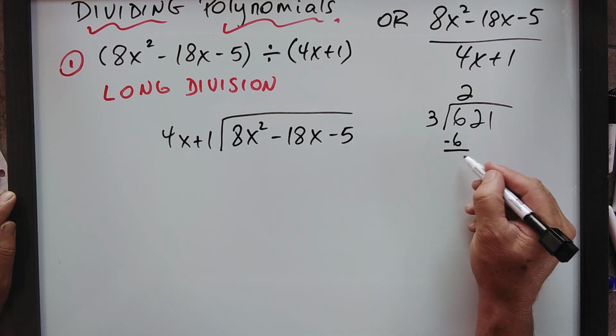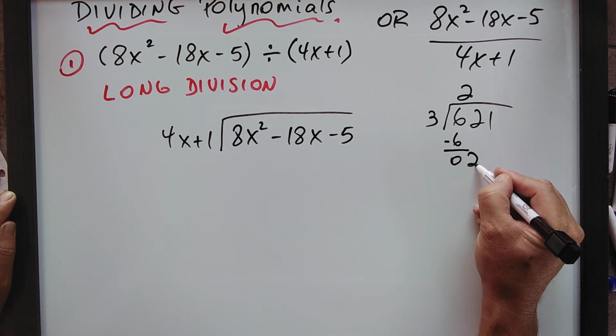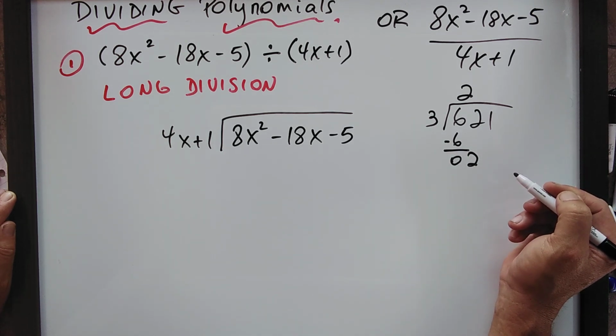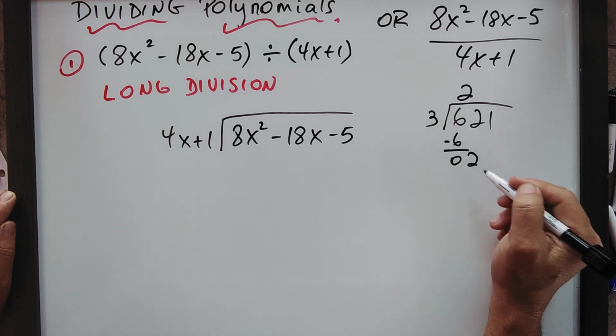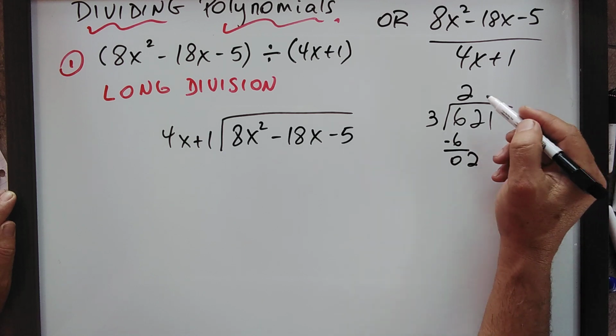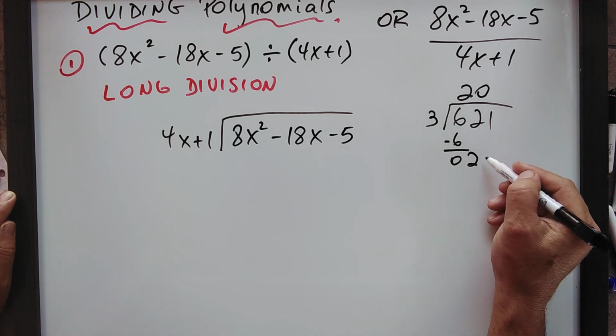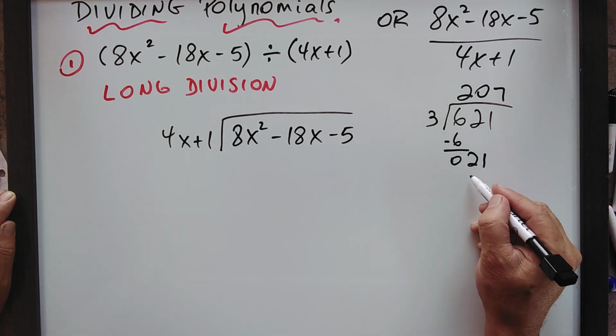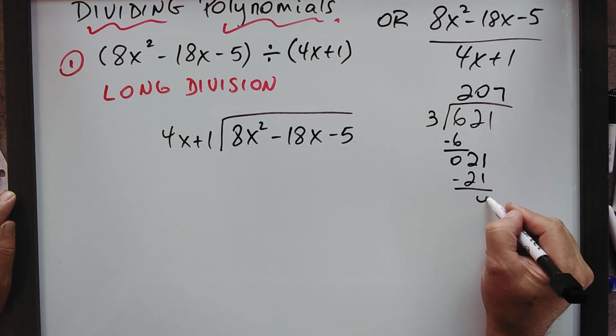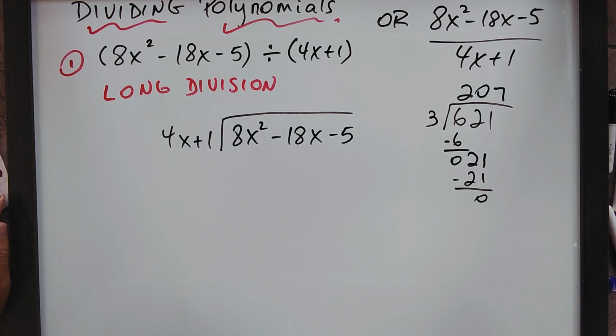Subtract. Bring down the next one, and so on. In this case, 2 is less than 3, so I'm gonna add a 0. Bring the other one down and divide. 7 times 3 is 21. Subtract. It's very similar to that, so we're gonna be using that.